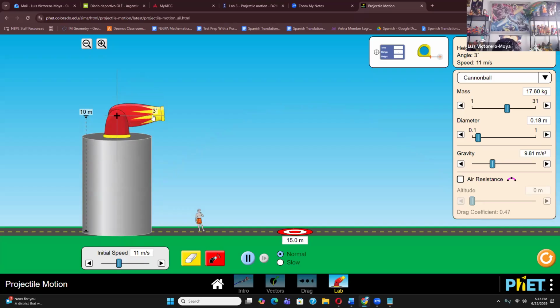For part A, you are going to be using 0 degrees. You want to have a type of motion like this.